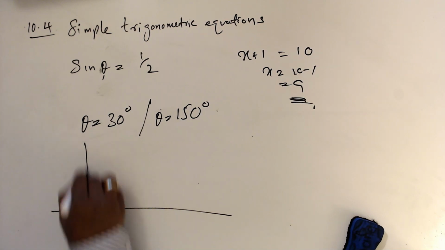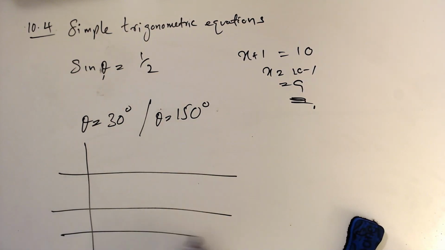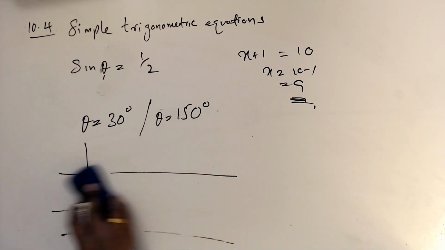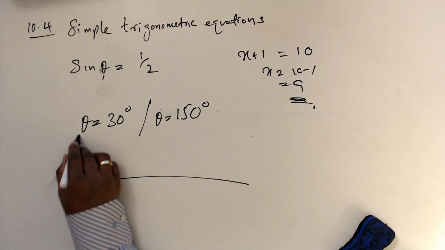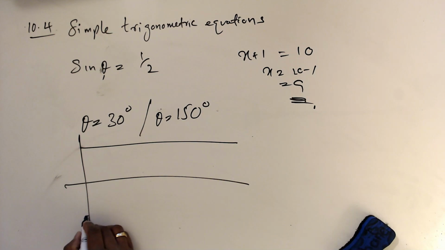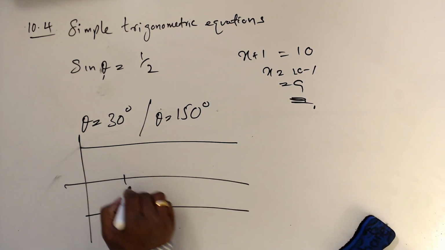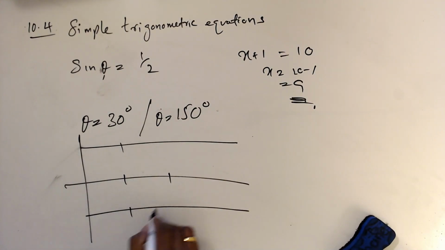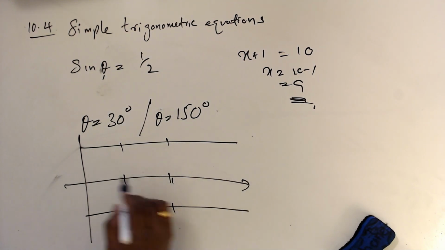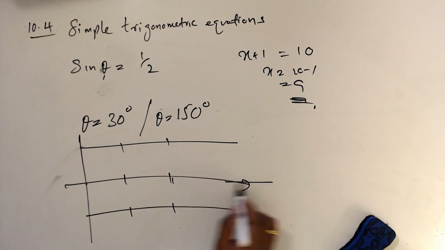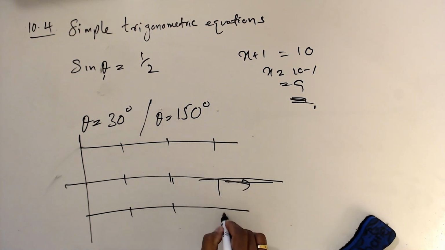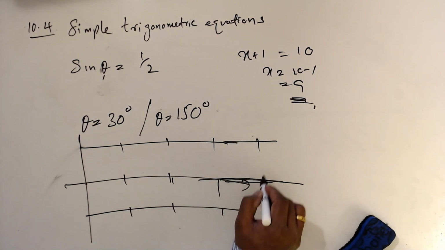You can see from the graph. Sorry, let me draw again. 90, 180, sine graph, 360.